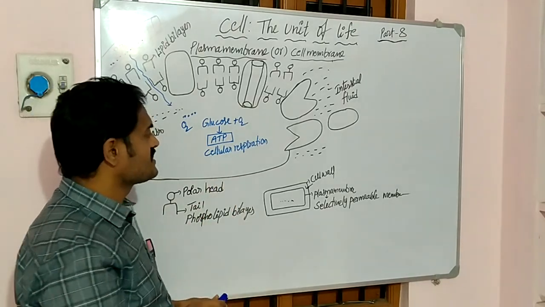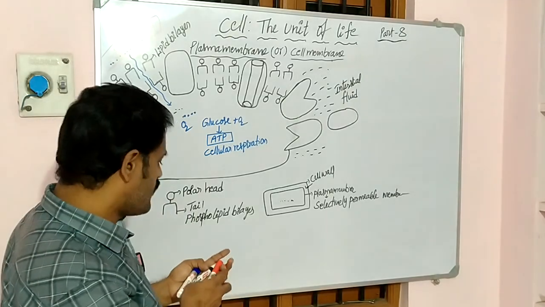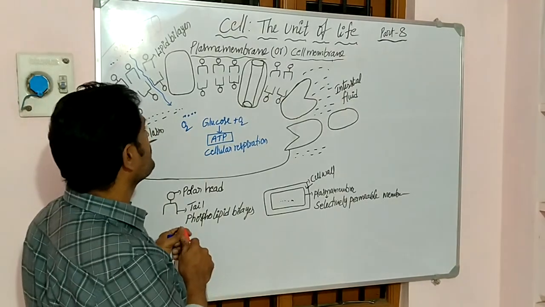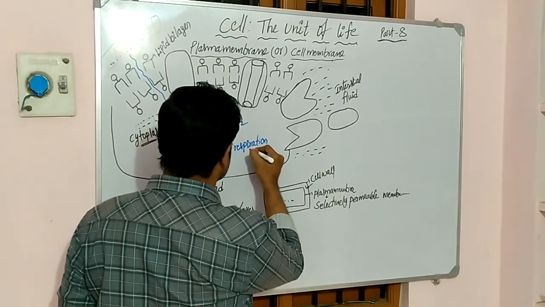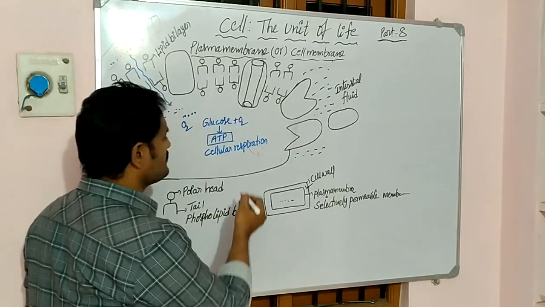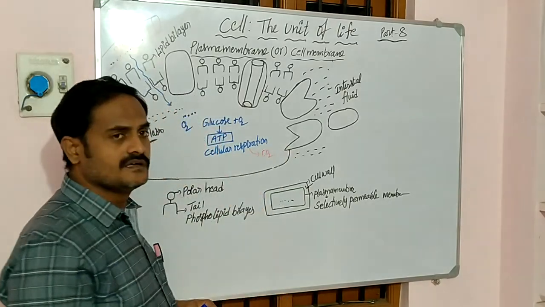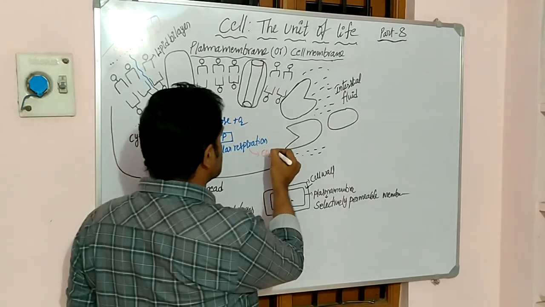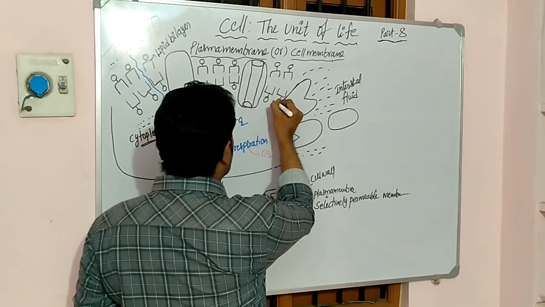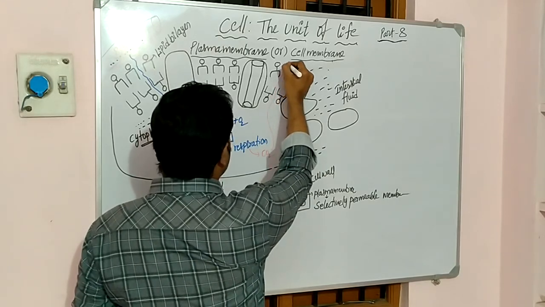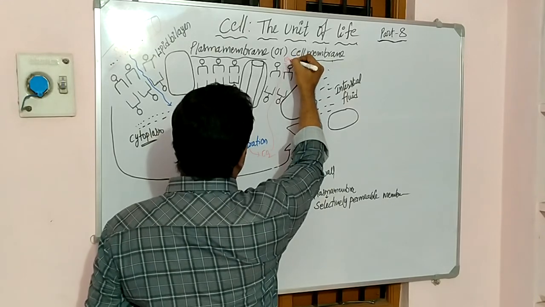Okay, once the cellular respiration is completed inside of the cell, what will happen here? The carbon dioxide is also released. After completion of cellular respiration, CO2 is released. So this CO2 is sent outside through the gaps in between the lipid bilayer, to the outside of the cell.